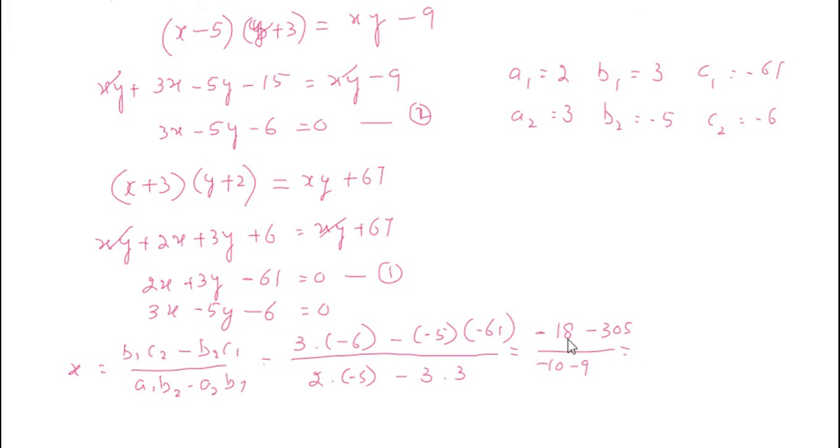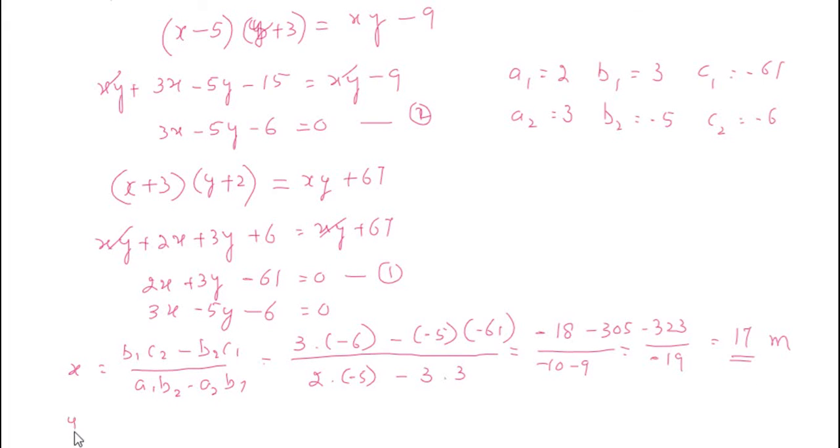So this gives minus 18 plus 305, so 323, divided by minus 19. If you divide this one, this comes to 17. So x equal to 17 meters.